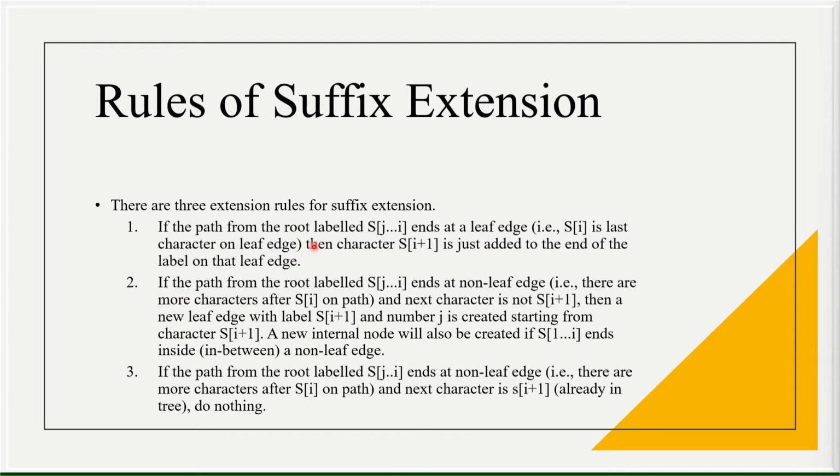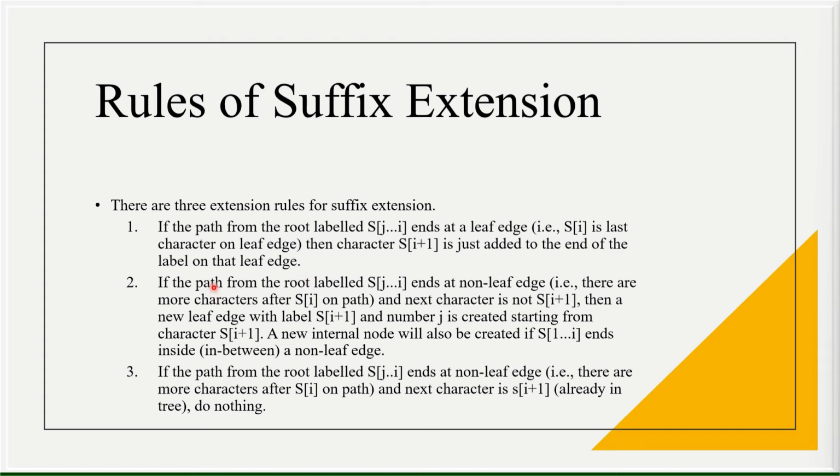So basically, if there is already an implicit edge present, then whatever the new character is, we will just append it to the original characters. I will explain it going forward, what exactly it means and how we are going to go forward.